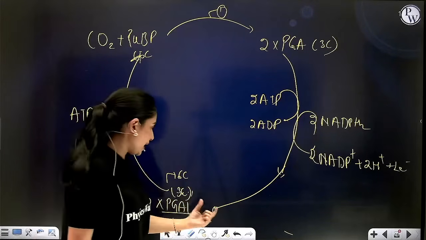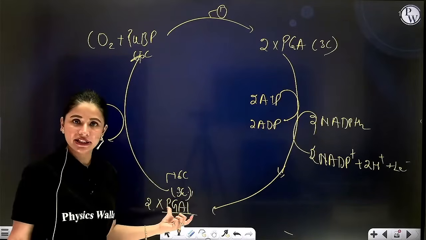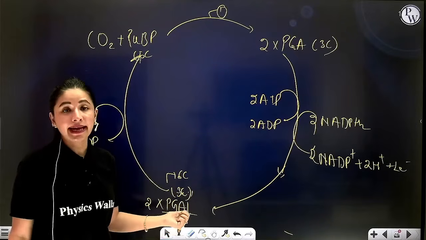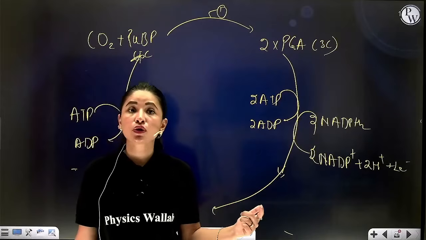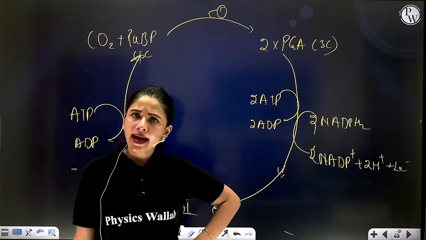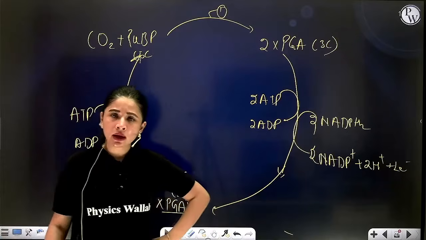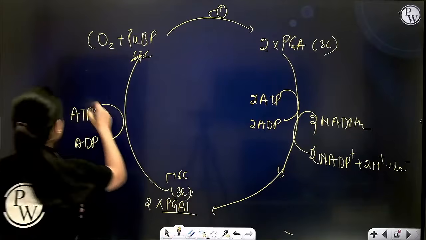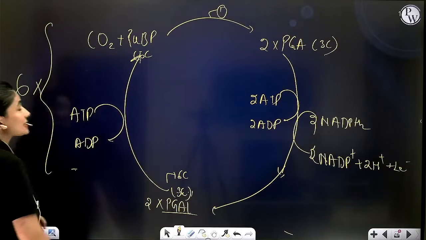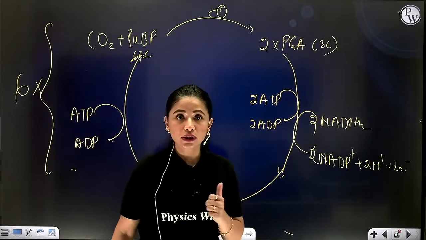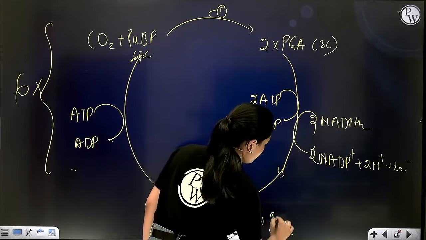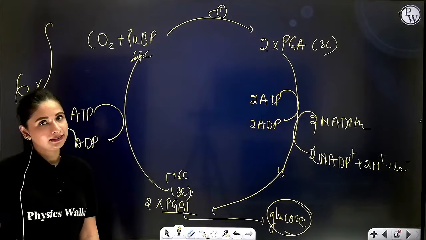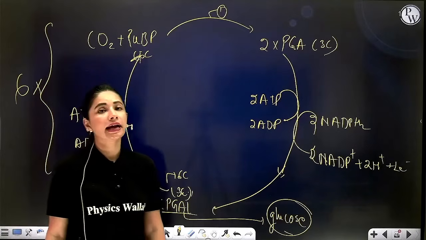Now 5 carbons of PGAL have been regenerated to produce RuBP. Still 1 carbon is left and that carbon will be utilized for glucose production. But ma'am, glucose is a 6-carbon compound and right now we only have 1 carbon in our hand. Therefore, students, this cycle is going to run 6 times in order to produce 1 molecule of glucose. Right? Yes or no? So this is how the C3 cycle operates.